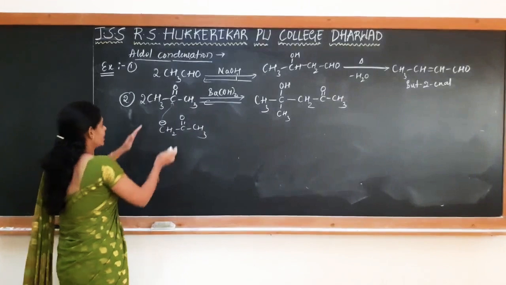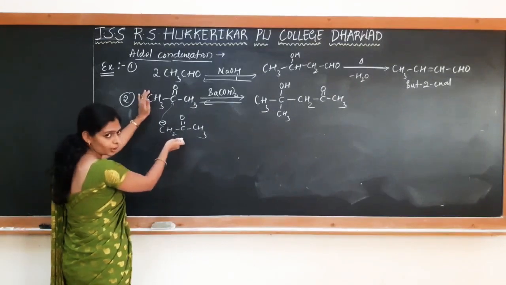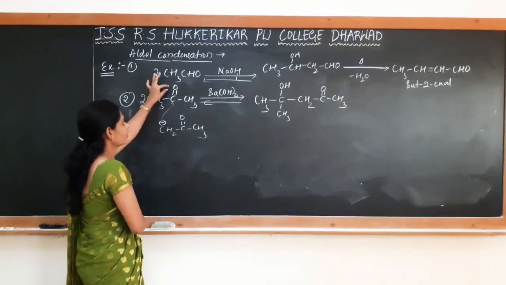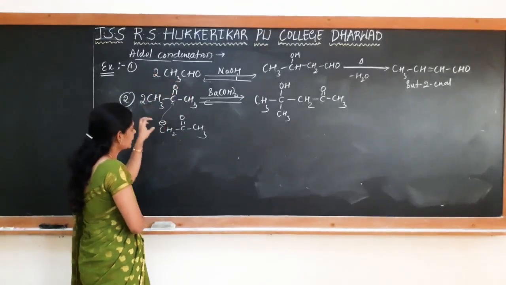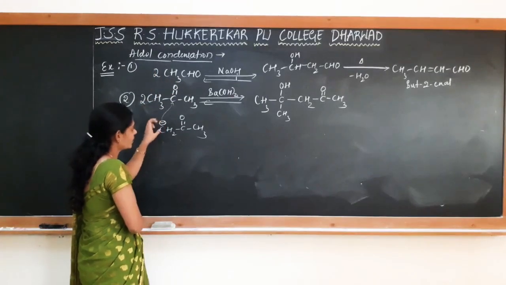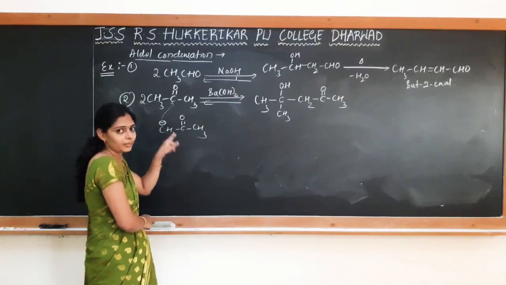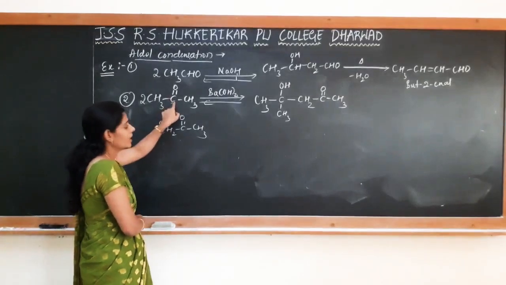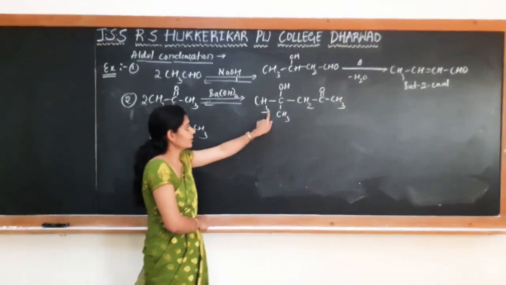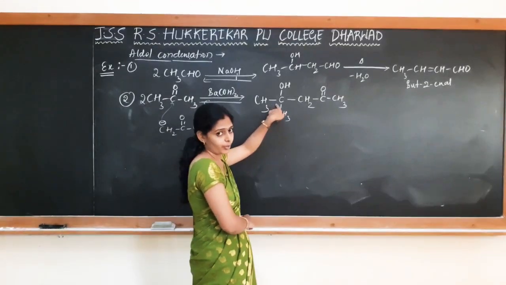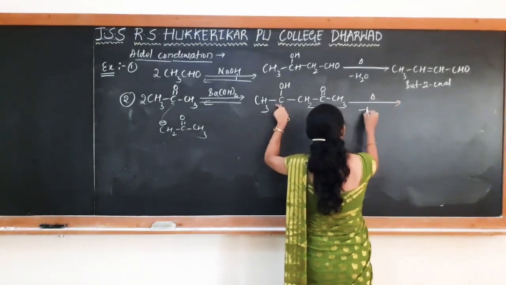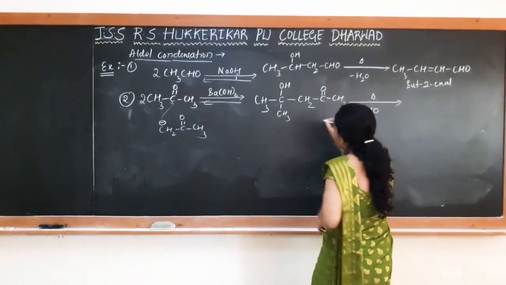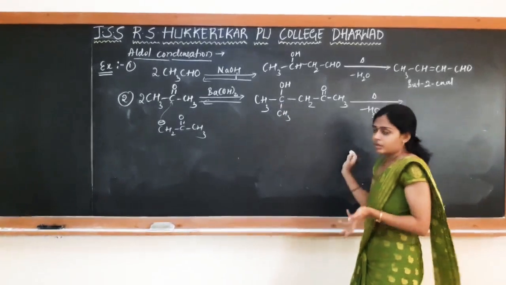What you have to do? We have to consider two different molecules. In one molecule, we convert the double bond oxygen to single bond OH, and in the second molecule, you have to remove one alpha hydrogen and make it CH2 and connect it to the carbonyl carbon. You will get your aldol or ketol product. Okay. Then subject it to dehydration. You get the alpha beta unsaturated aldehyde or ketone.